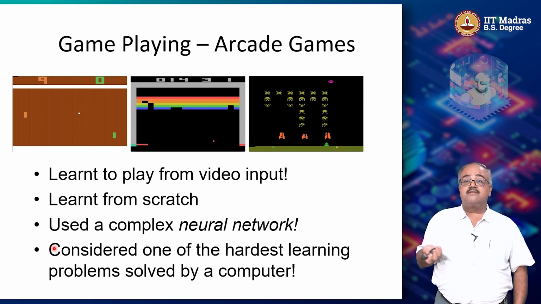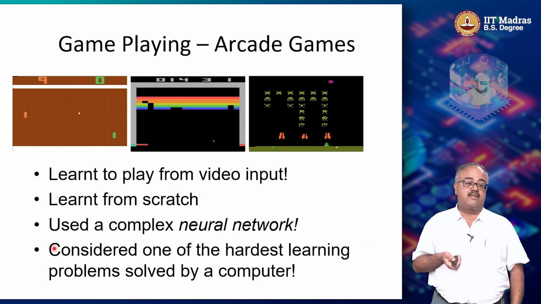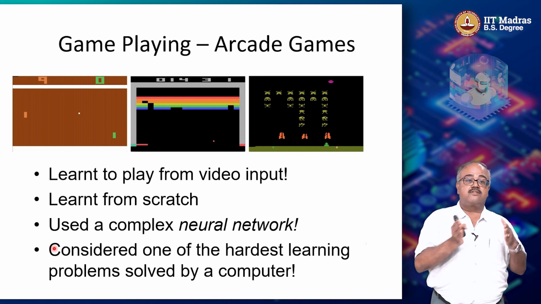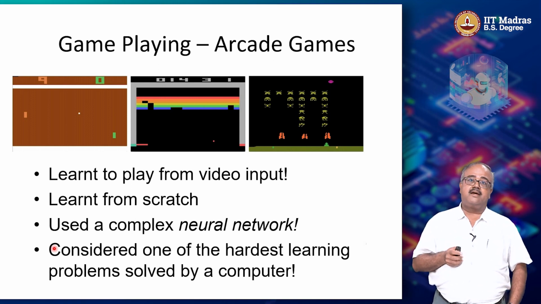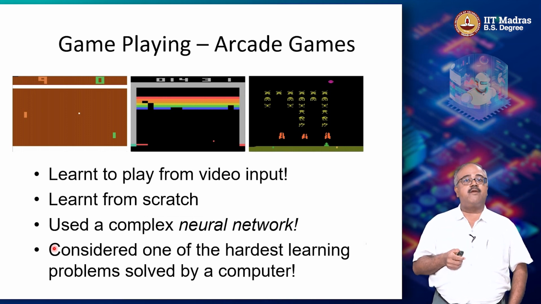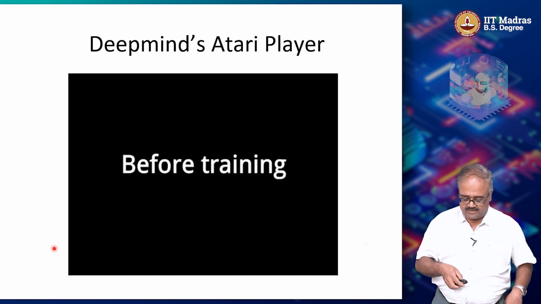And you could replicate the success that DeepMind had on getting these Atari games to work, right? So this level of replication of a success story had never happened before the Atari game player came, and that really triggered the new wave of reinforcement learning, right?